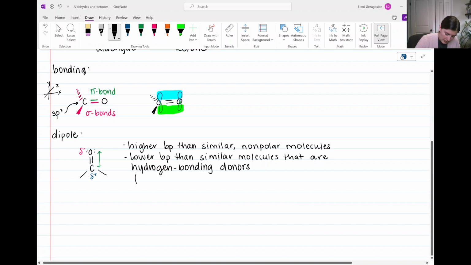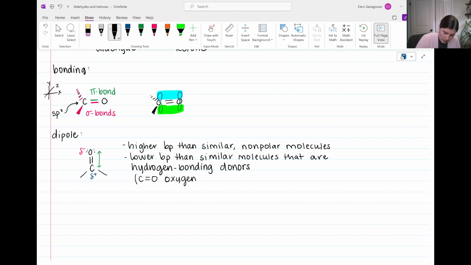So let's draw what that looks like, where the carbon to oxygen bond, this oxygen, can accept hydrogen bonding interactions. So the oxygen has two sets of lone pairs. If there's another molecule like water, we know water can hydrogen bond between water molecules.